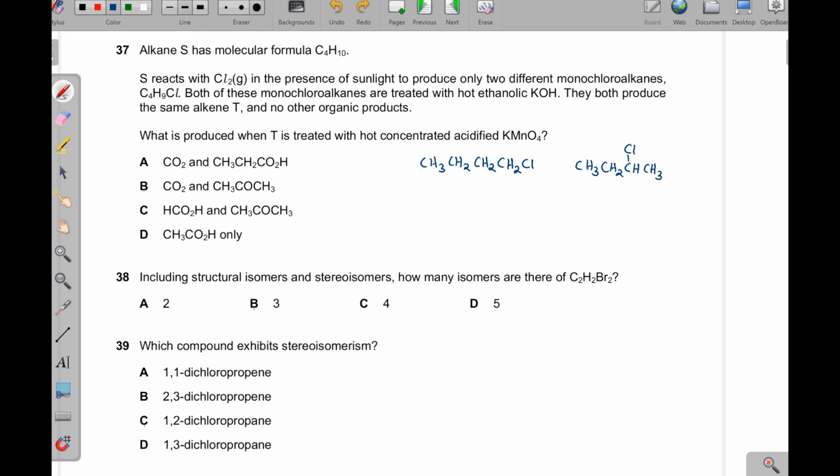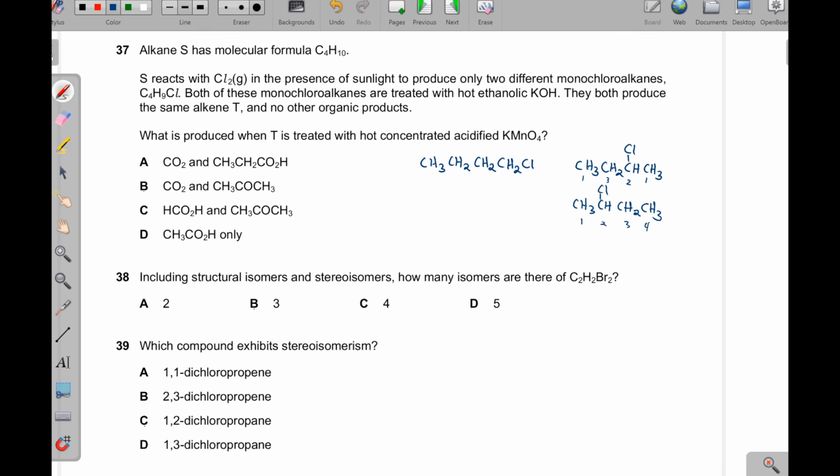If I put it here, that means the numbering of the carbons is going to start from this end, so I will have 1, 2, 3, and 4. You see that? If I put it here, the numbering will begin from this way, 1, 2, 3, and 4. Remember, this functional group must take the least number when you assign numbers to the carbons. Now look at the carbon that has the chlorine.